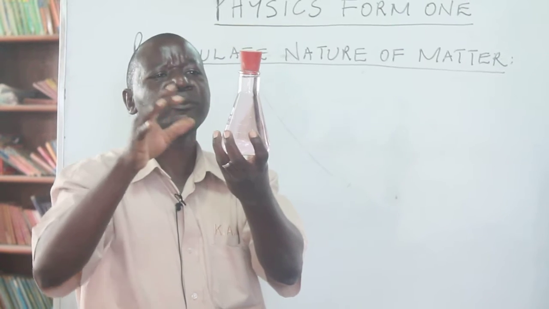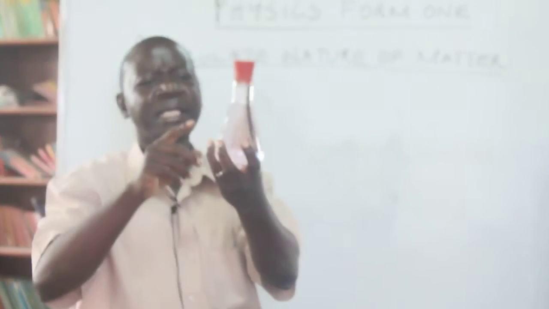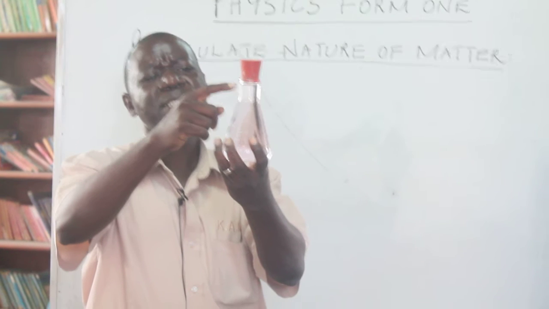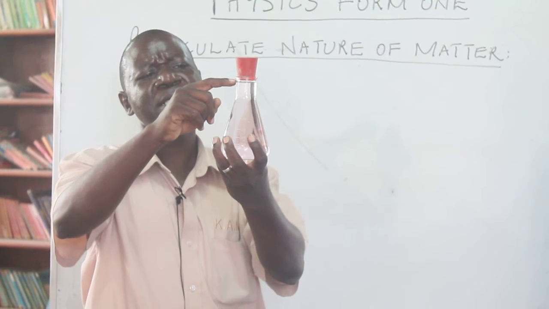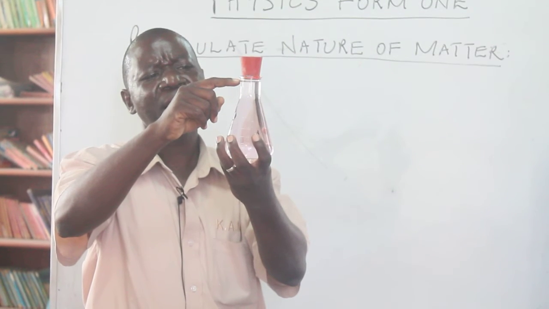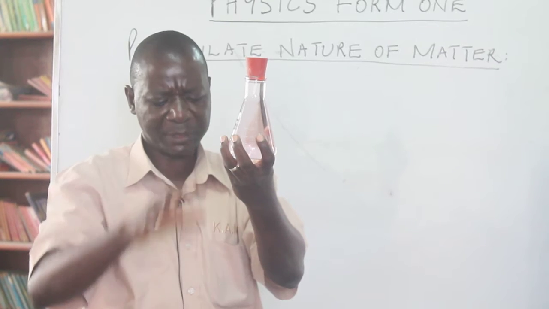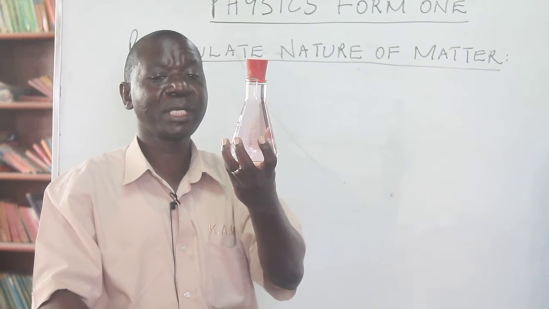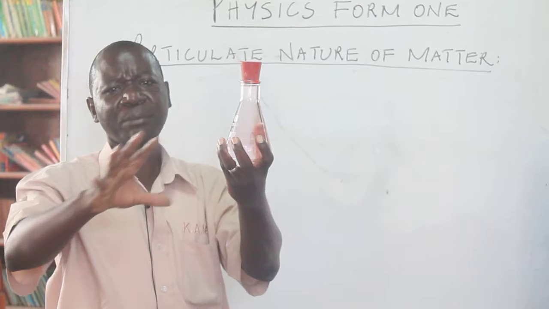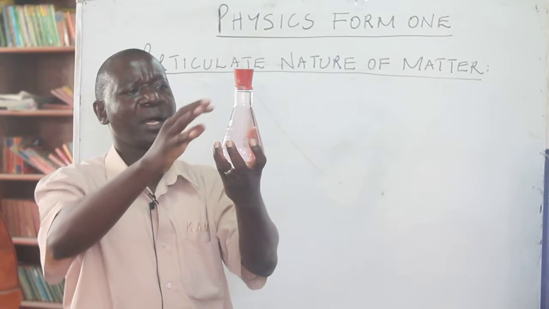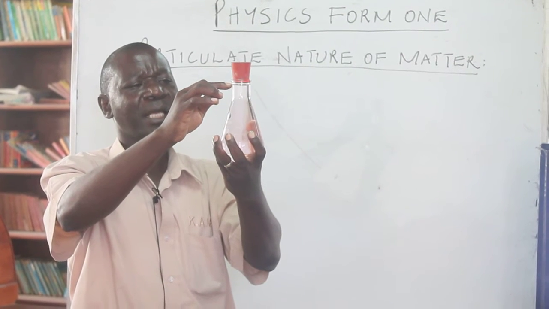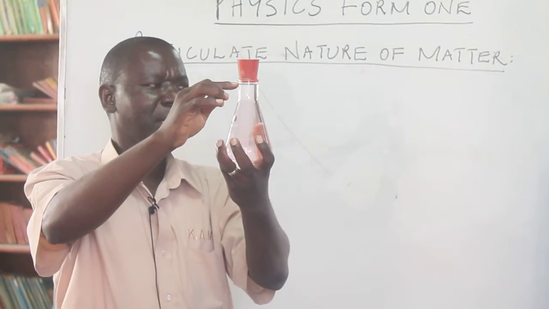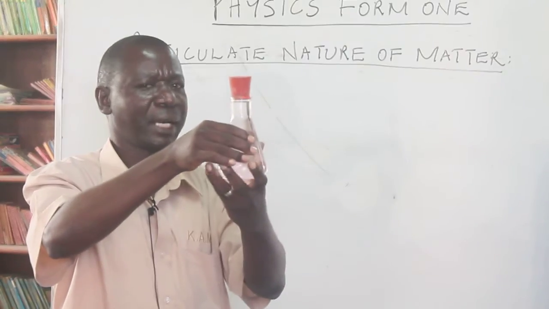Now, we are seeing that in this second setup, there is a space that is left. After the solution has settled, after some time, 30 minutes, 1 hour, we realize that there is a space left at the top, as shown in our diagram there.